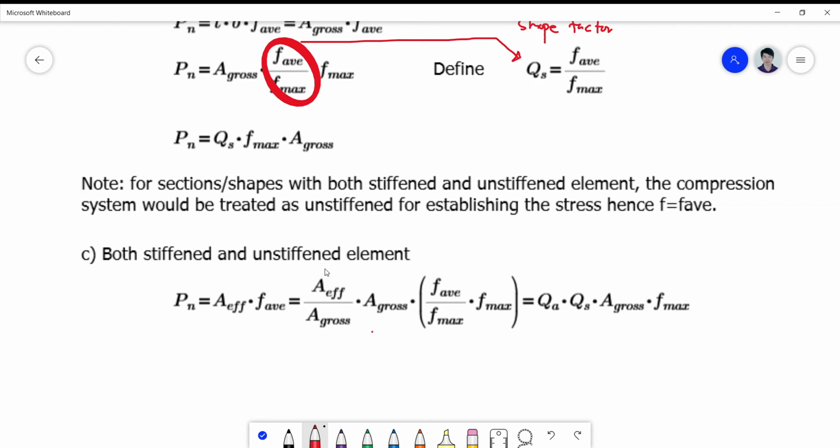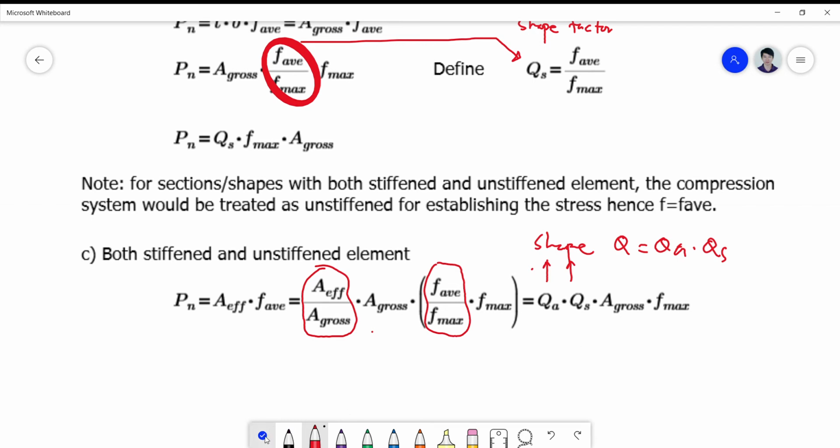Take note that these two ratios are the shape factors QA and QS, where Q is the product of QA, the stiffened, and QS, the unstiffened, multiplied by A gross times F max.